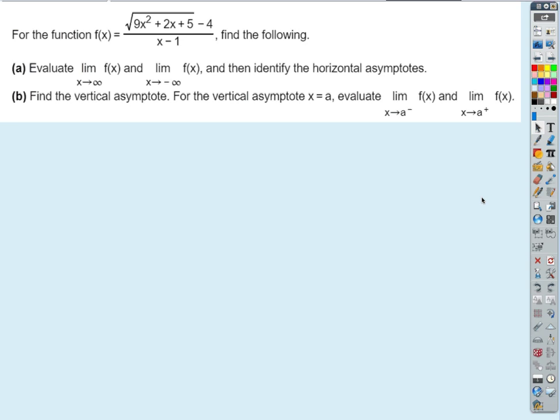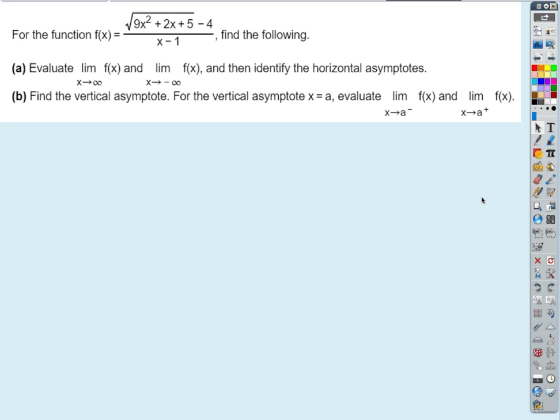We always want to know the skeleton or the bones of the function, and those are the asymptotes. They tell us, probably more than anything else, what this function is going to do. If we can draw in the horizontal and vertical asymptotes, then we can do an awful lot with that.